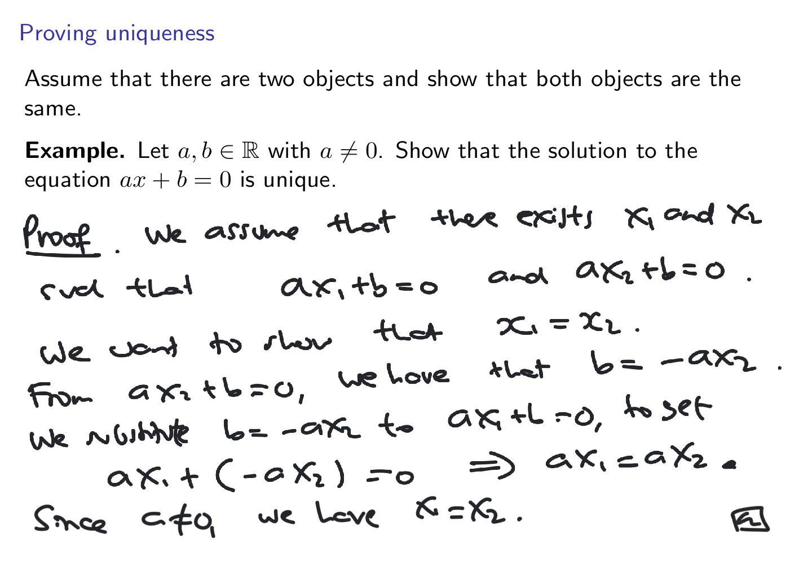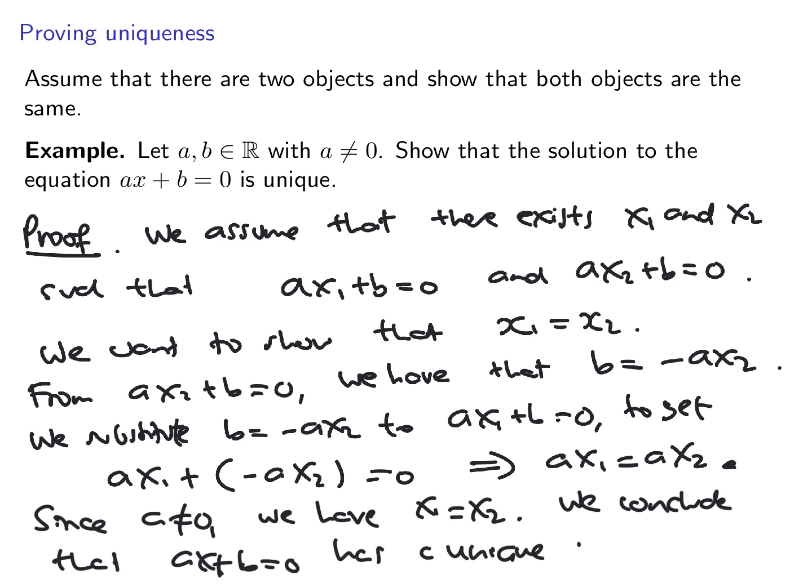Or you can write the conclusion maybe before you write your final QED sign. We conclude that ax plus b equals 0 has a unique solution. Okay, and that completes the proof.